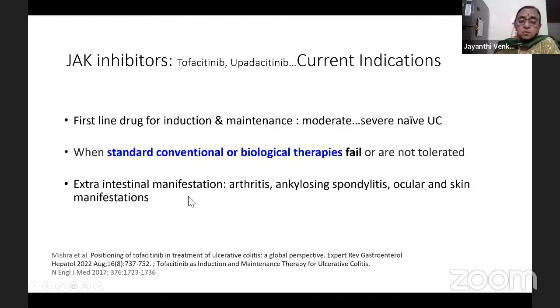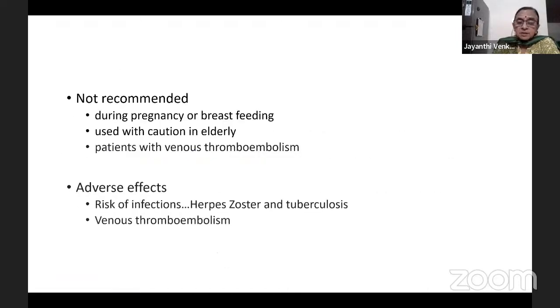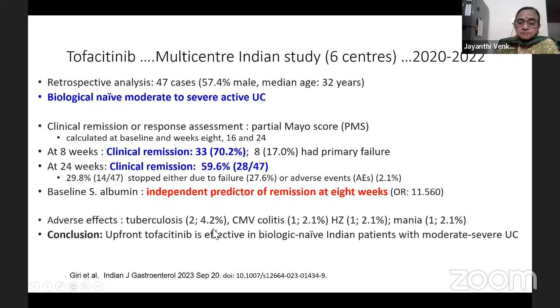It also seems to have a role in extraintestinal manifestations like arthritis, ankylosing spondylitis, ocular, and skin manifestations. The contraindications for tofacitinib are pregnancy, elderly, breastfeeding, and patients with venous thromboembolism. Adverse effects are infection, most important being herpes zoster infection and tuberculosis, and venous thromboembolism.